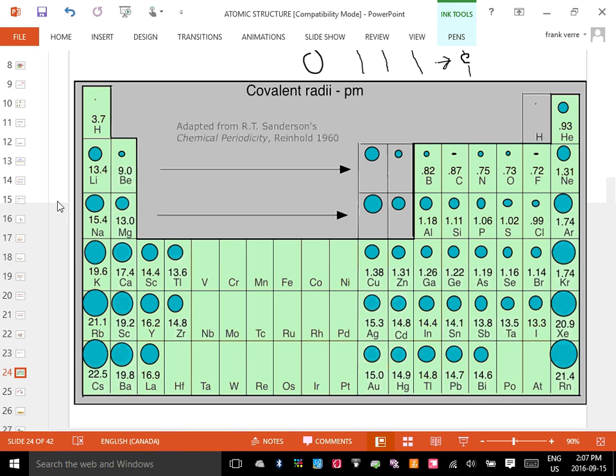As we go from left to right, the nucleus is stronger, so the electrons are being pulled closer together. But as we go down, there are more electrons inside that are repelling the ones on the outside. So the atom gets bigger, even though the nucleus is stronger. Does that make sense?